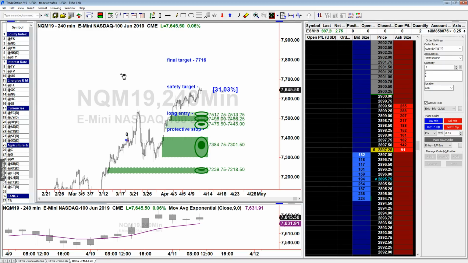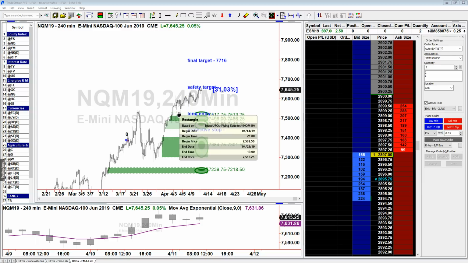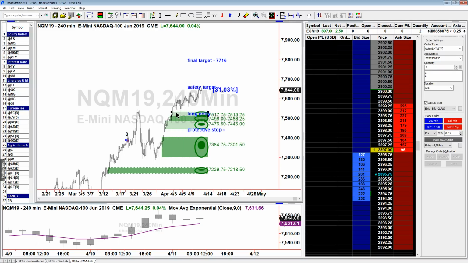So now, what's the entry? Let me move the text a little to the right. If you look at this green box, the top part of the green box is 75.32.5, and the value of the average is 31.6.